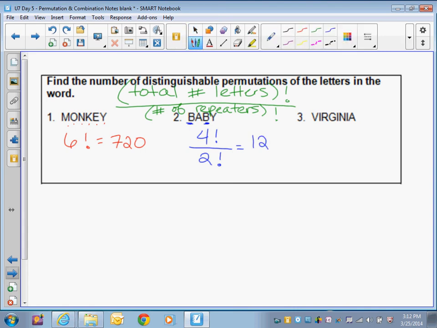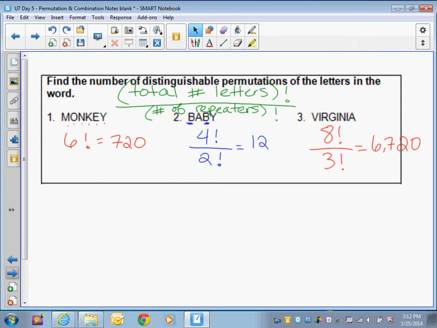And in Virginia, there are 8 letters. And I see 3 I's. So we're going to have 8 times 7 times 6 times 5 times 4. Or you can just do this in the calculator. You'll find your exclamation point under the math if you scroll over to probability again.